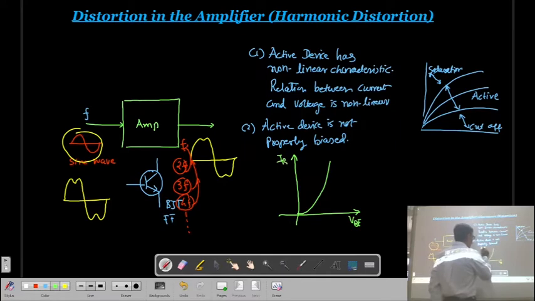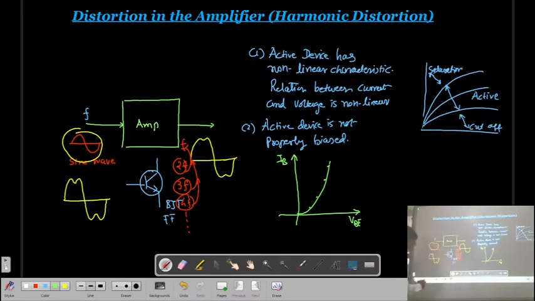If you draw the graph between the base current and the base voltage, you can see the relation between the current and the voltage is non-linear. And how will you find that out? If you find the slope at this point or the slope at this point, at every point the slope is different, which means the relation is non-linear.